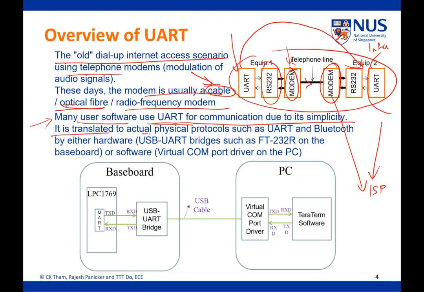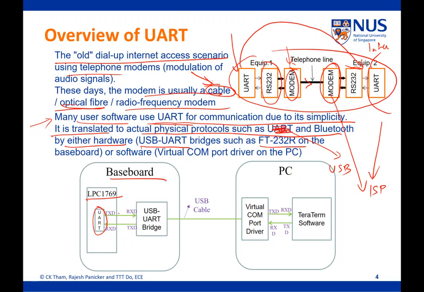It is translated to actual physical protocols such as USB and Bluetooth by either hardware or software mechanisms. So, for example, you have a USB UART bridge called FT232R or similar ones on the baseboard. If you look at the baseboard, your LPC1769 has a UART within it.